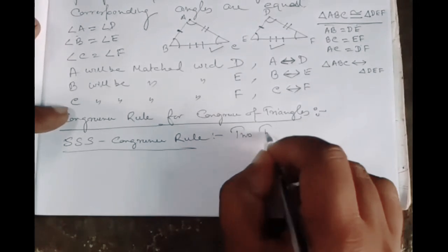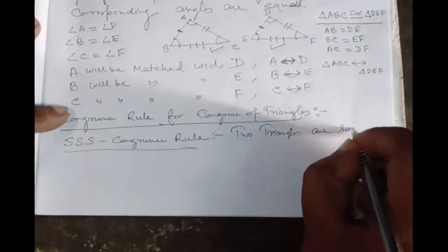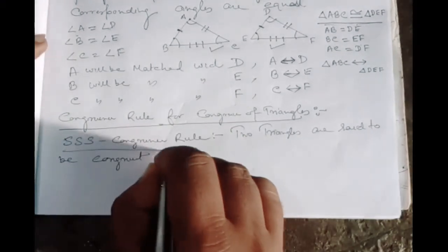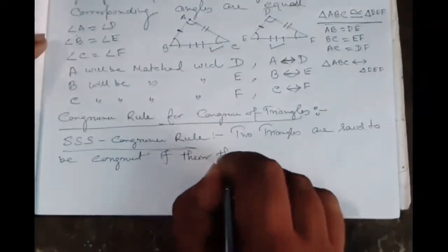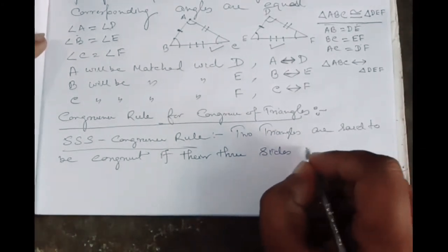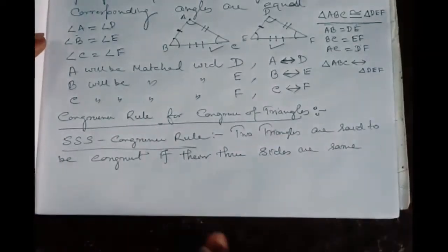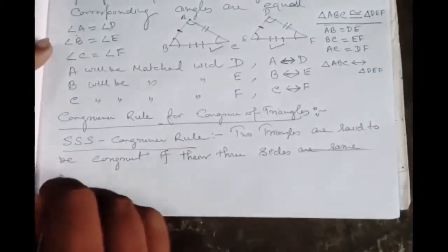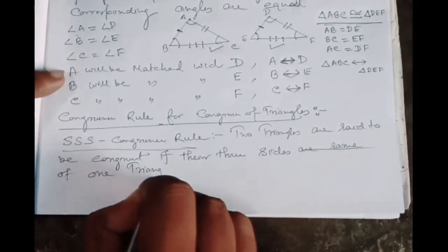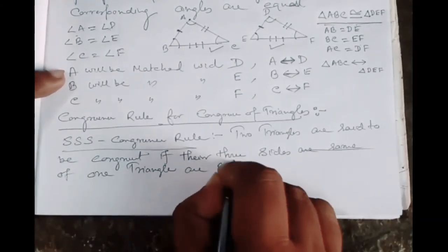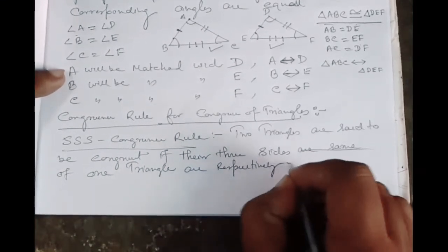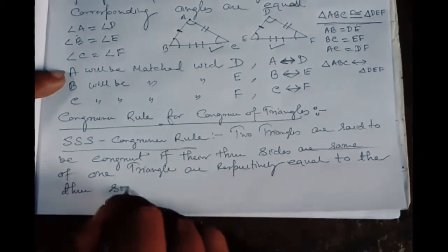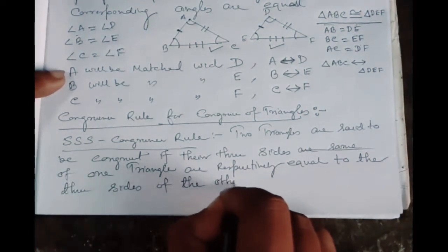So two triangles are said to be congruent if their three sides are the same length, or if three sides of one triangle are respectively equal to the three sides of the other triangle.